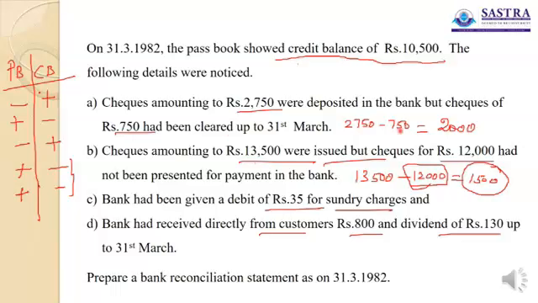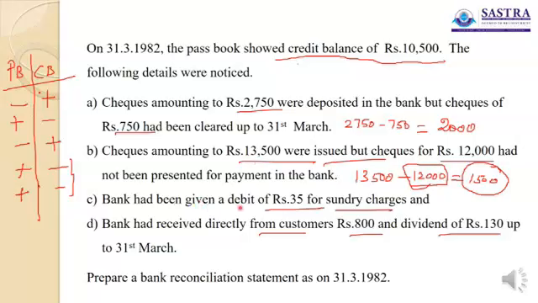Such 750 will not be the matter, only 2,000. So that 2,000 is to be added, and of 13,500 and 12,000, the 12,000 is the matter pertaining to payment, unpaid, so it has to be deducted.